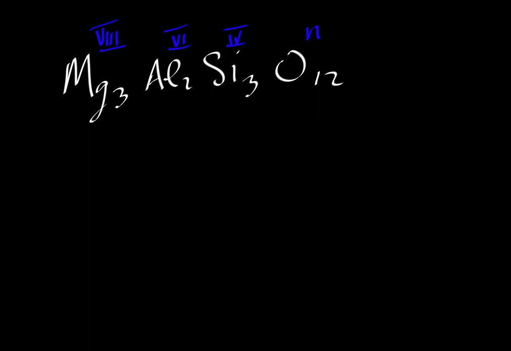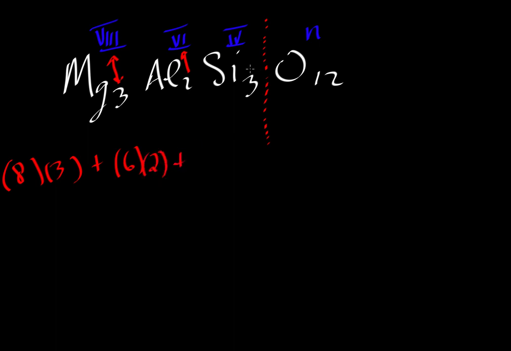So how can we determine N? Well, one of the ways we could do this is just separate the cations from the oxygens and then take a look at the number of atoms that are in each coordination state. So we have 3 atoms that are in 8-fold coordination, so we could take 8 times 3. Then we will add to that the number of atoms that are in 6-fold coordination multiplied by that coordination number, so 6 times 2, plus we have 3 atoms in 4-fold coordination, so we'll take 4 times 3.